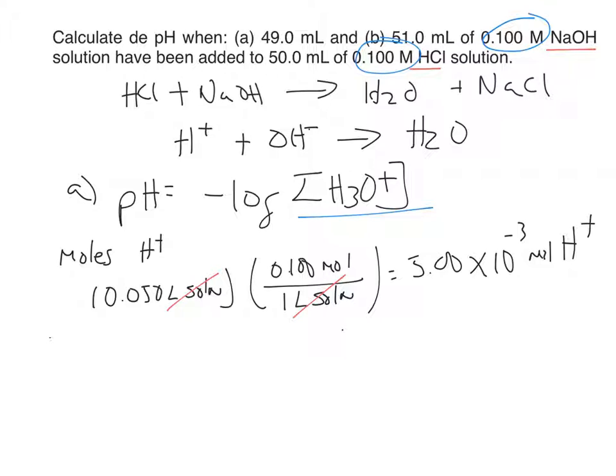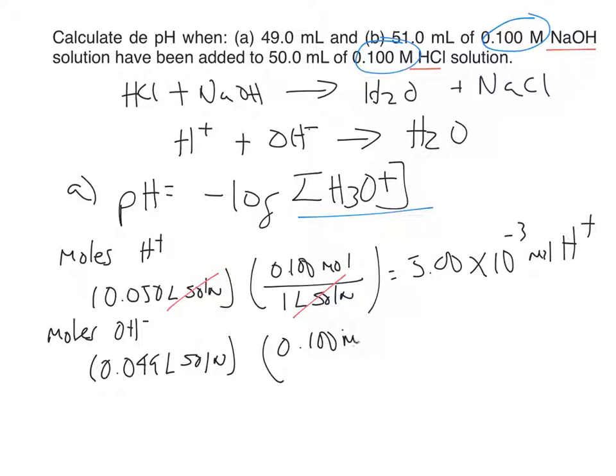The moles of OH will be the volume of sodium hydroxide that we add, which was 49 mL, so this is 0.049 liters of solution, and the concentration was 0.100 moles of OH negative, the same as H positive, divided by 1 liter of solution.